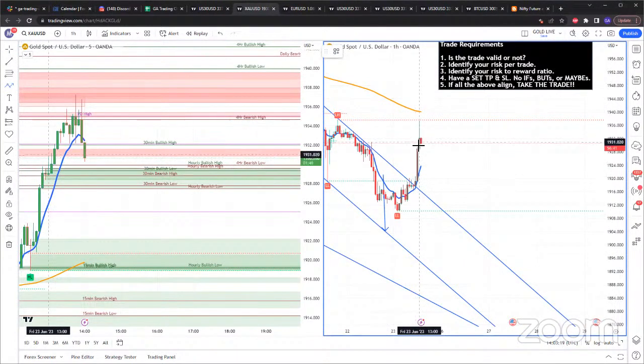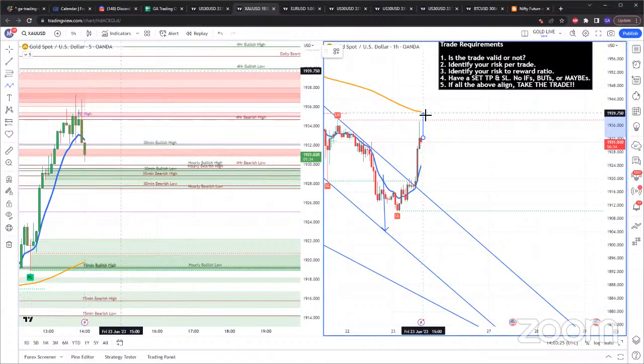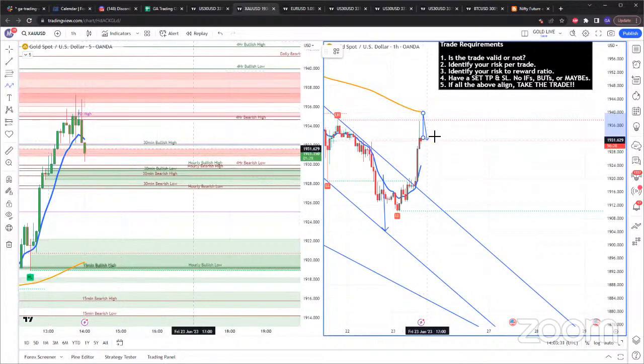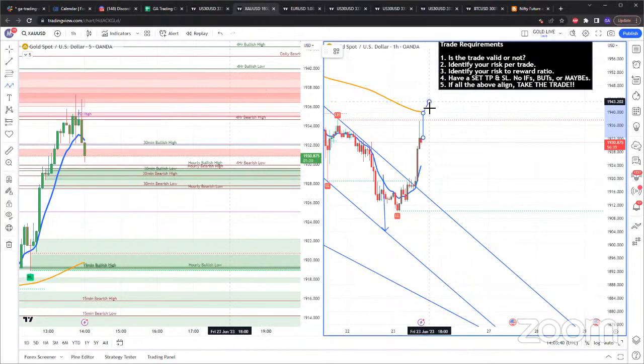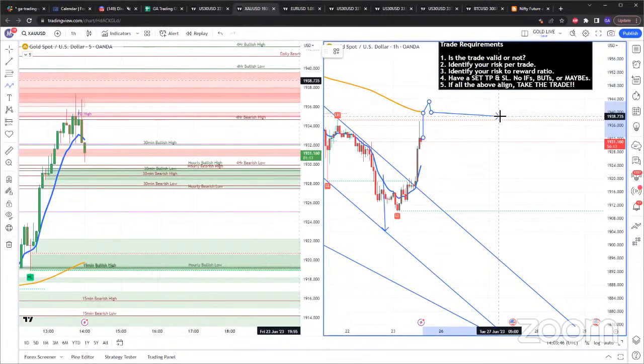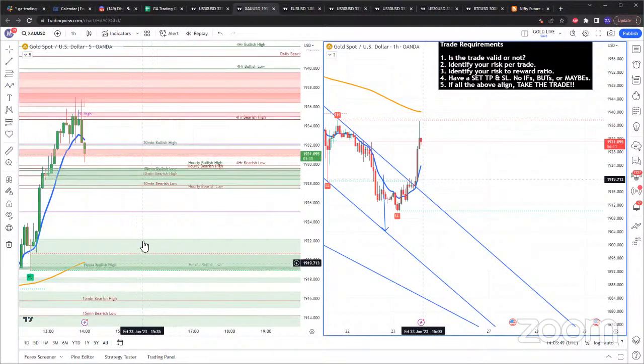EMAs also normally get retested, so I do expect gold to go back up to around the 1939, 1940 area, where we have the 200 EMA, and any strong rejection back to the downside should happen from that area. On the other hand, if gold does close above the 200 EMA on the hourly, retest and close above, gold can then shoot up from there.